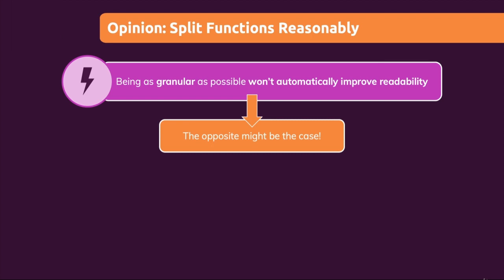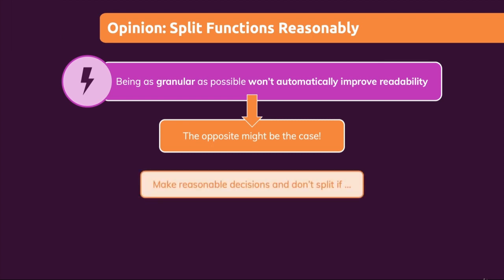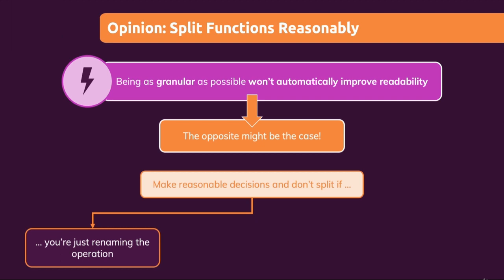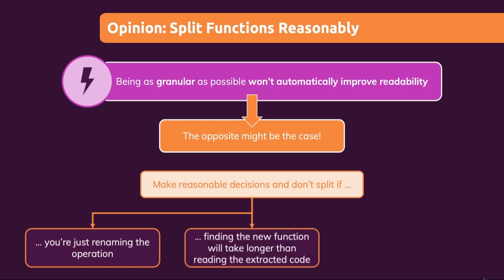Indeed, the opposite might be the case. So make reasonable decisions and don't split your code if you are, for example, just renaming the operation which you extracted. Don't split if finding the code which you extracted will then actually take longer than if you would have just left it in place, because we need to scroll to that new function or search for it.